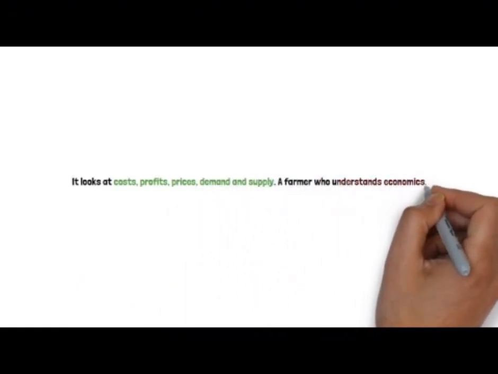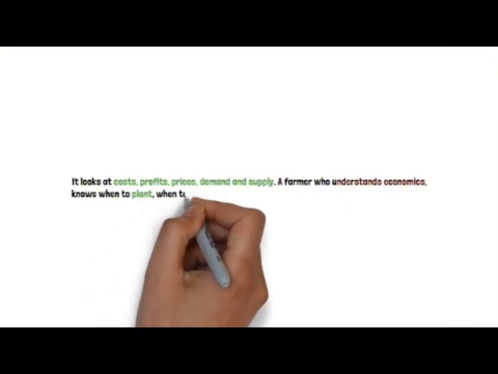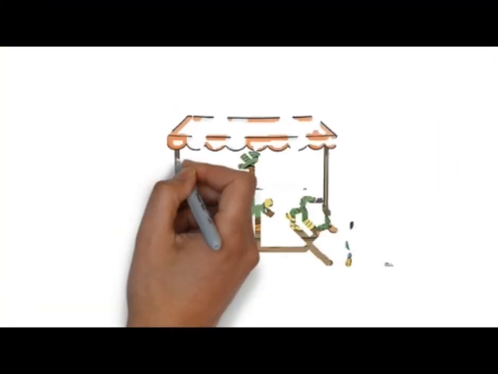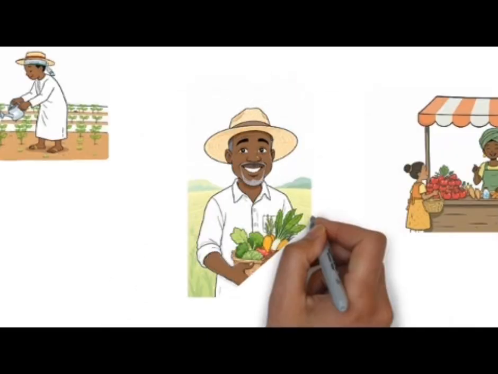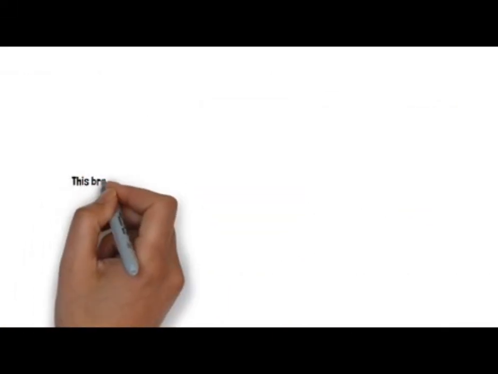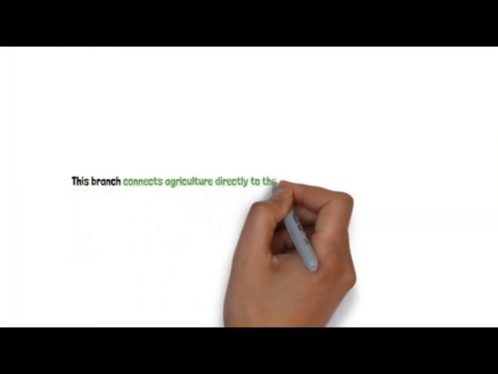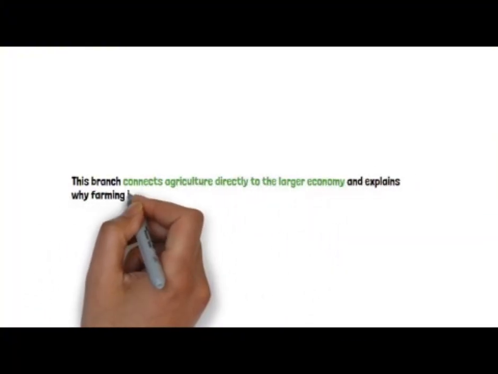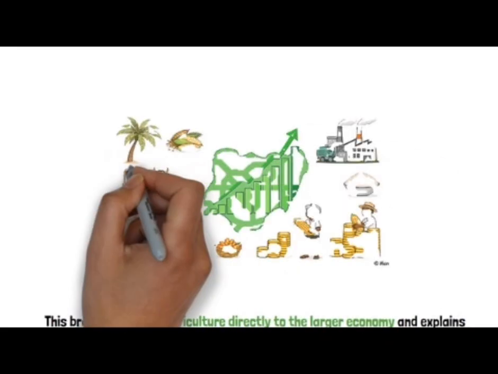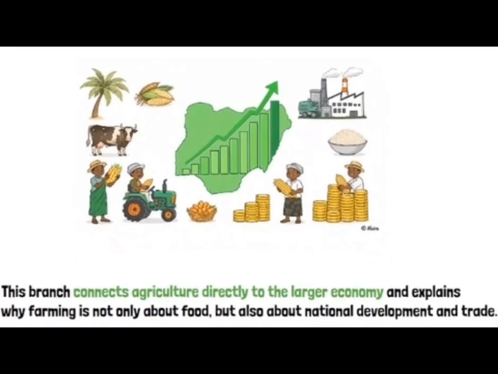A farmer who understands economics knows when to plant, when to sell, and how to reduce loss. This branch connects agriculture directly to the larger economy and explains why farming is not only about food, but also about national development and trade.